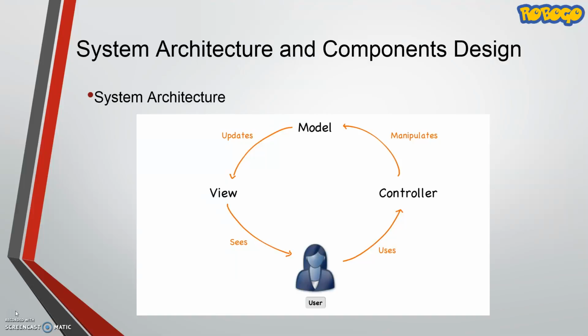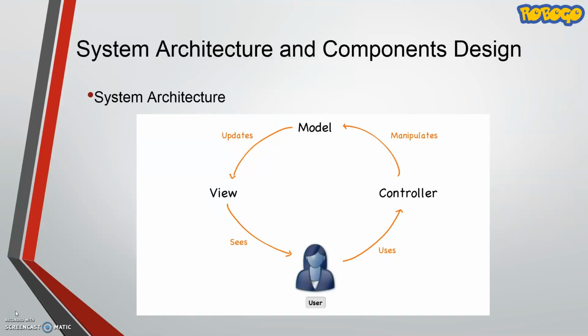Let's take a look at this diagram. The user sees the view, which is the GUI, the graphical user interface. On the GUI there are a lot of buttons and functions, like menu bars and the power on and off buttons. Behind each of them there is a function.